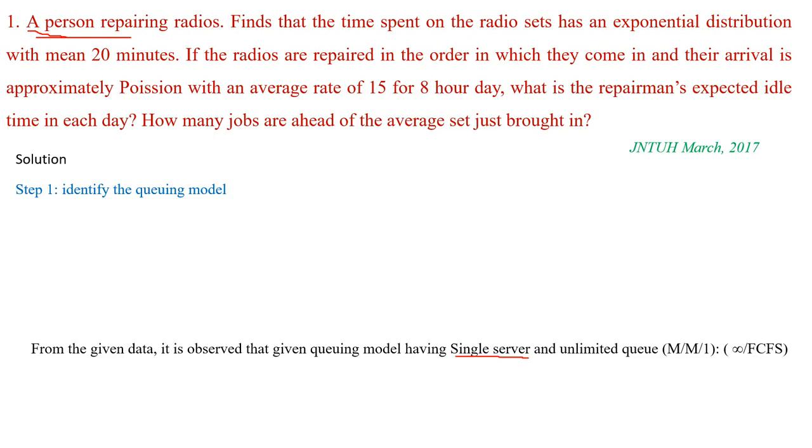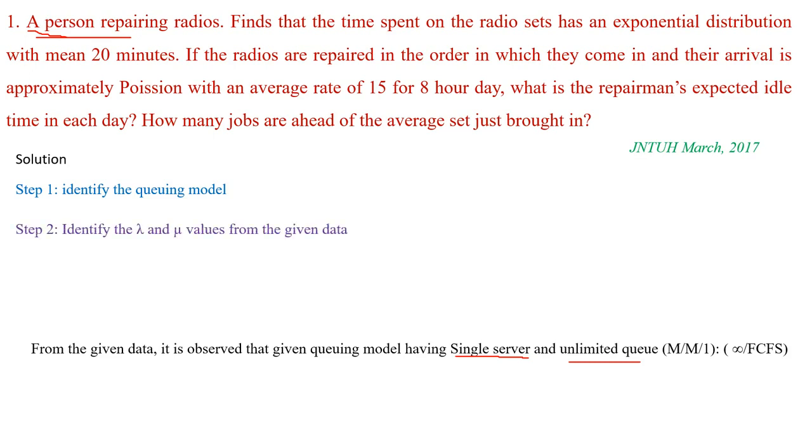One more thing to observe is whether there is any restriction on the queue size. Based on the given data, the problem has an unlimited queue. So the given queuing model is single server and unlimited queue.